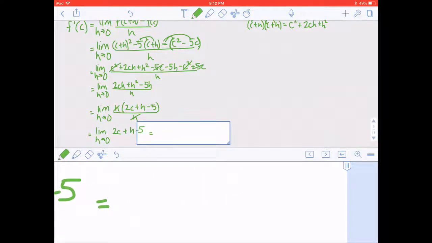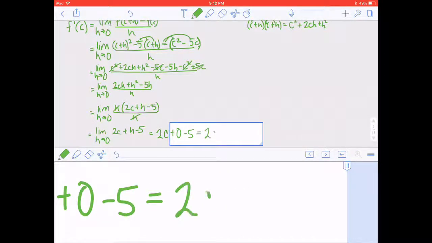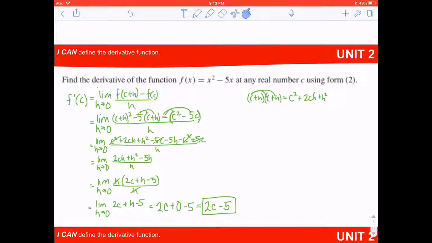Direct substitution tells us 2c plus 0 minus 5 becomes 2c minus 5. So that is our derivative function for all values of c.